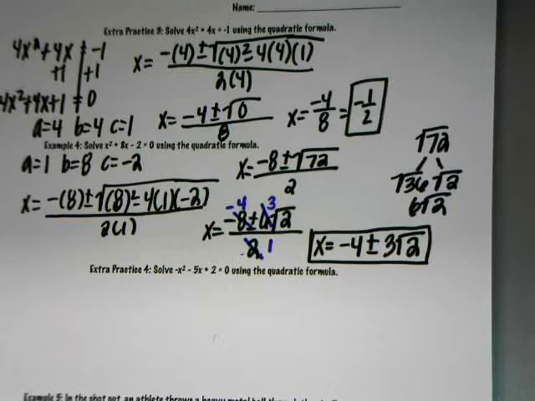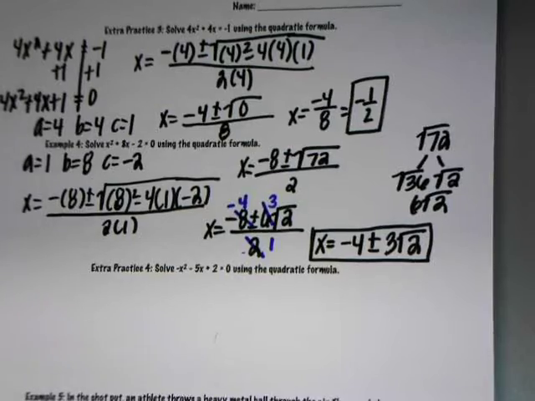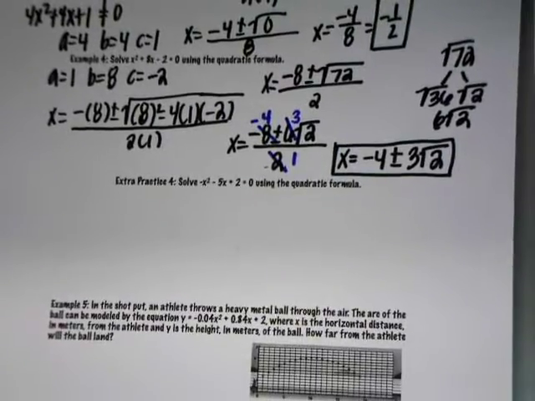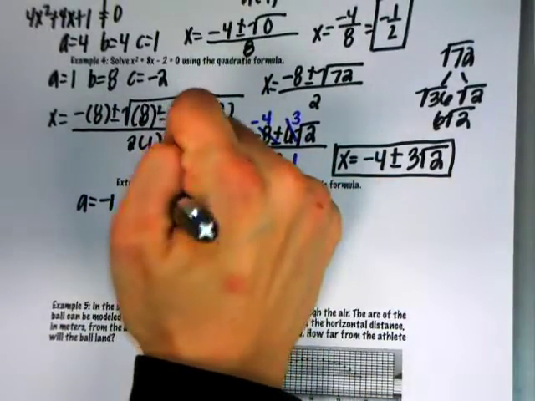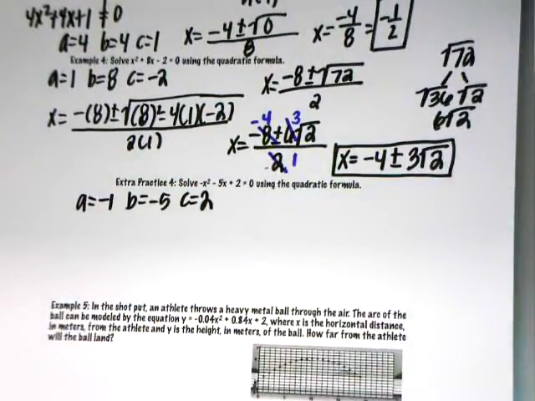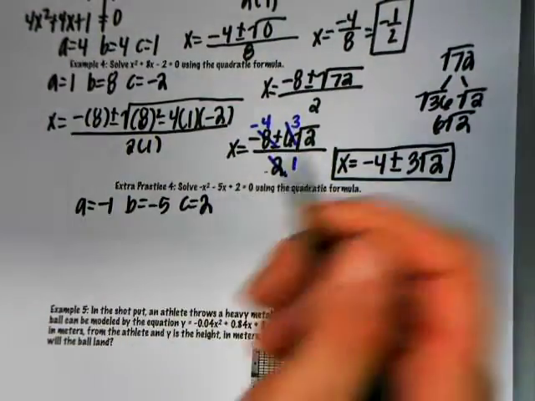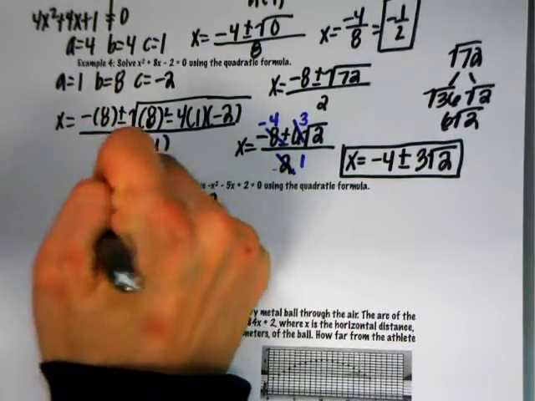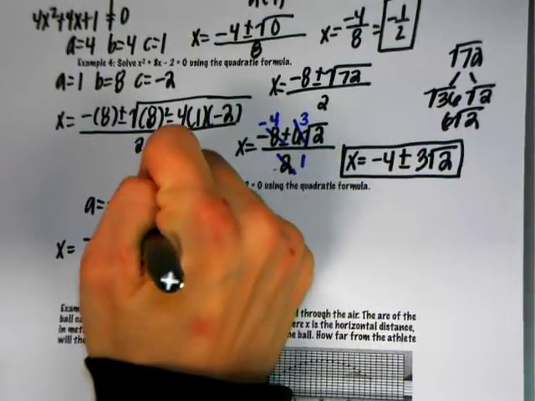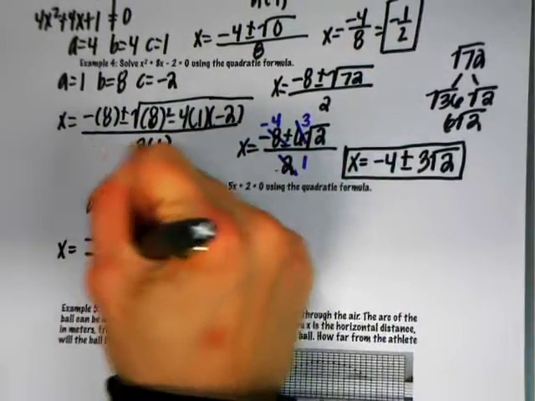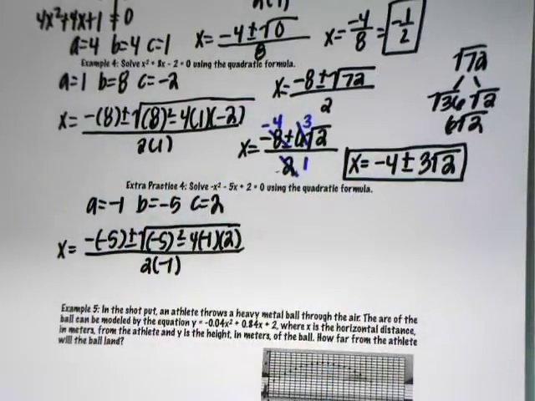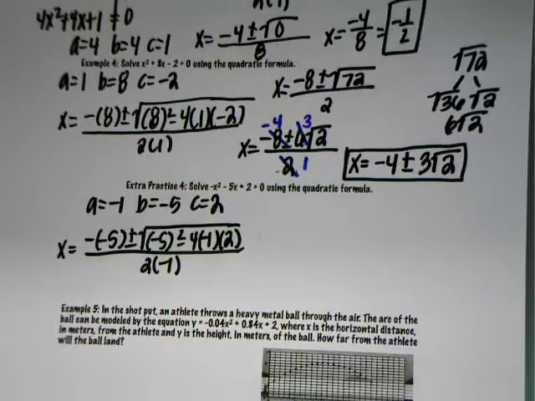Are we done or do we need more time? Good? Okay. All right, this one already equals 0. So what is A? -1, yep. B? And C. Okay, so you're going to have x equals -5 plus or minus, okay, so looks like that.